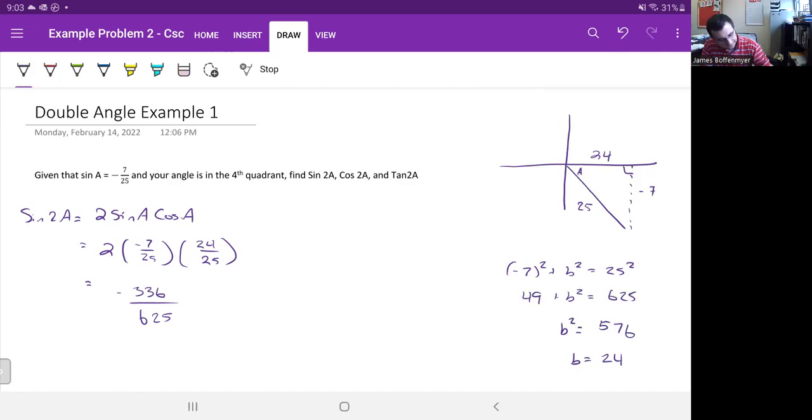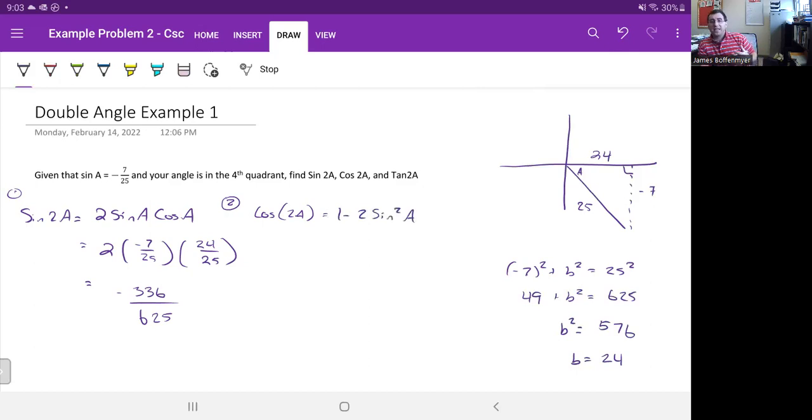For cosine, since we're given sine, let's use 1 minus 2 sine squared a.